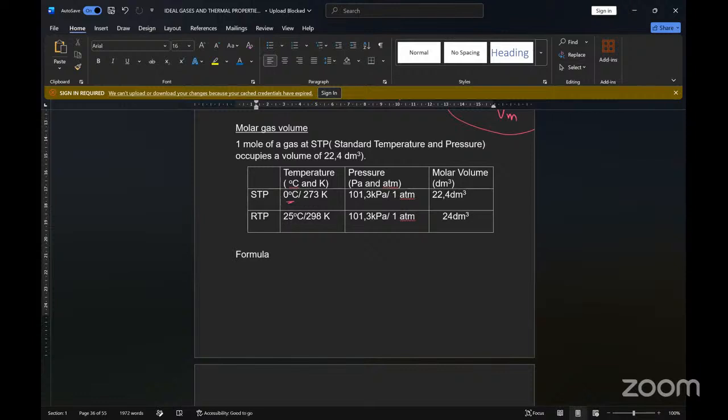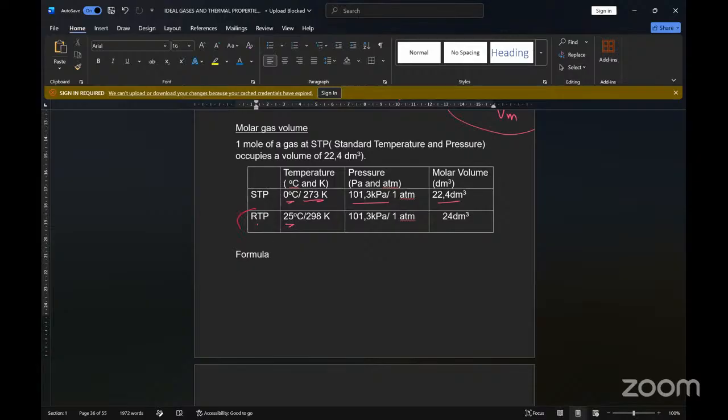Remember, changing anything to Kelvin, you add 273 to it, so 0 plus 273 is 273. The pressure is 101.3 kilopascal, and the molar volume is that. Now, in some countries, instead of standard temperature and pressure, they use room temperature and pressure, and the room temperature is 25.